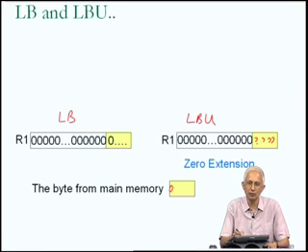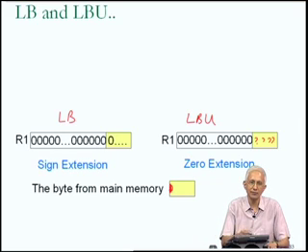If it was a 0, we know that the value, if interpreted as a signed integer, is a positive value, whereas if the most significant bit was a 1, we know that the value represents a negative value. Therefore, the operation which is done by the load byte instruction goes by the name sign extension. If the most significant bit of the byte is a 0, the rest of the register gets filled with zeros. If the most significant bit of the byte was a 1, the rest of the register gets filled with 1s. And that's the difference between the load byte and the load byte unsigned.